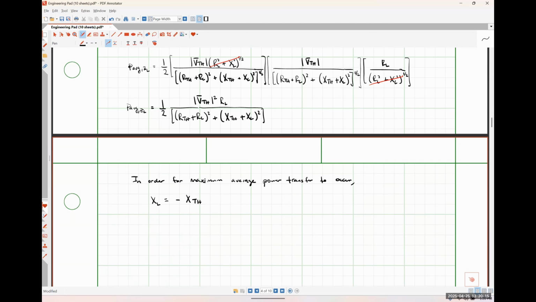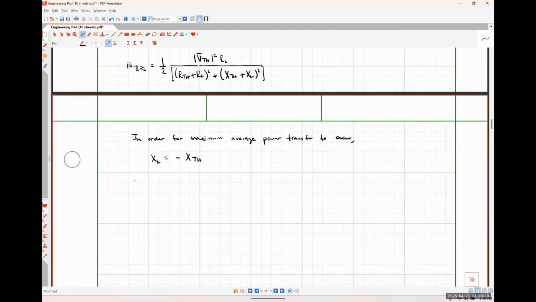So what does this reduce to under that constraint? Well, let's look at it really quickly, right?